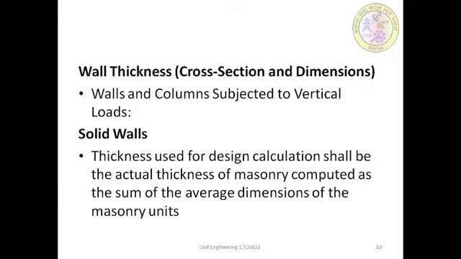Now, as far as solid walls are concerned, the thickness used for the design calculations shall be the actual thickness of the masonry completed, as a sum of the average of dimensions of masonry unit specified in the relevant standard together with the specified joint thickness.